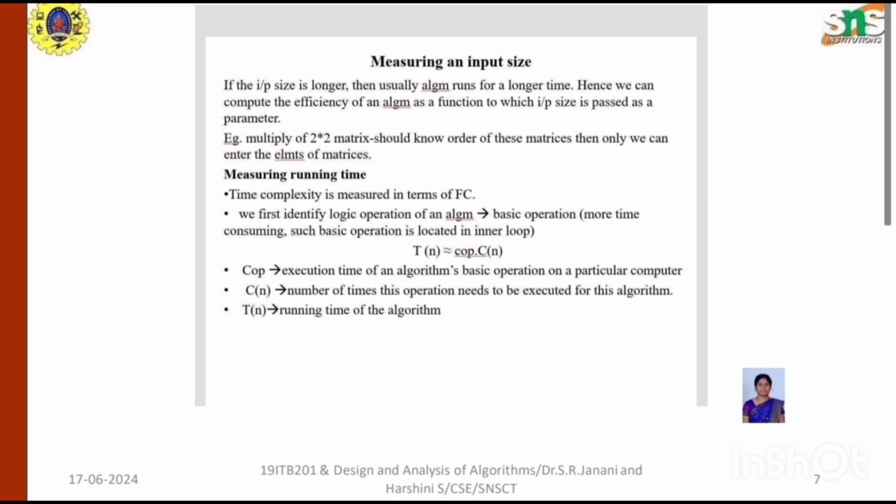The second thing is c of p, which means the execution time of an algorithm's basic operation on a particular computer, and C of n is the number of times this operation needs to be executed for this algorithm. The third one is T of n, the running time of the algorithm. Therefore it is expressed by the formula T of n is approximately equal to c of p times C of n.